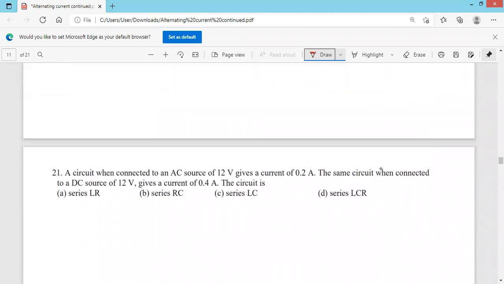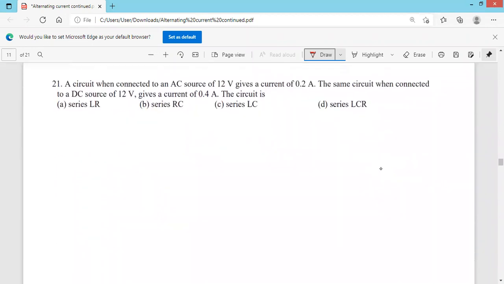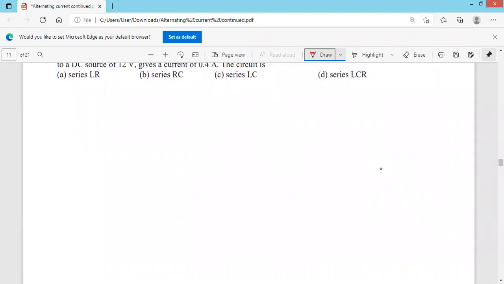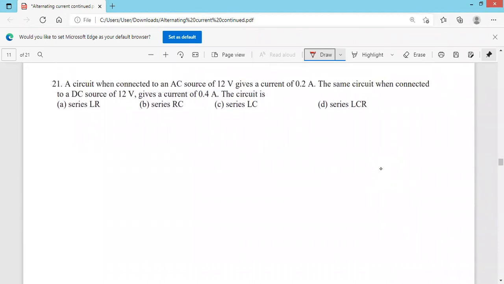Next, 21. A circuit when connected to an AC source of 12 volt gives a current of 0.2 ampere. The same circuit when connected to a DC source gives a current of 0.4 ampere.